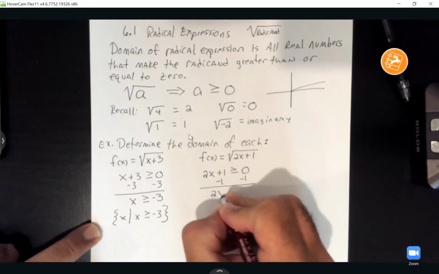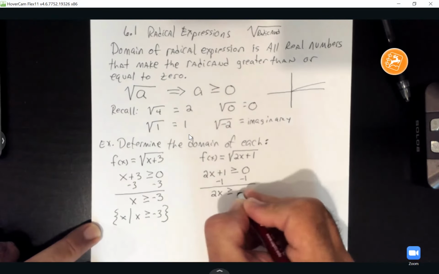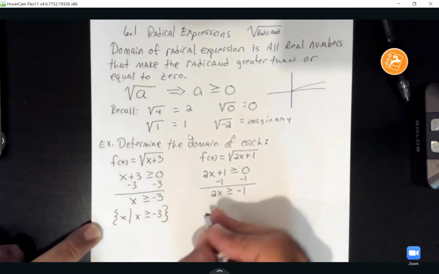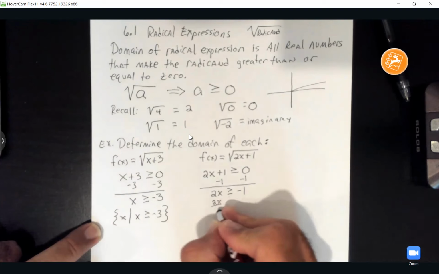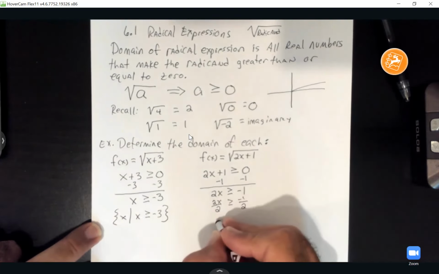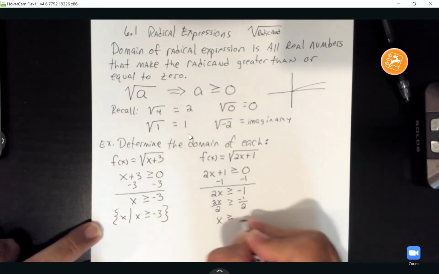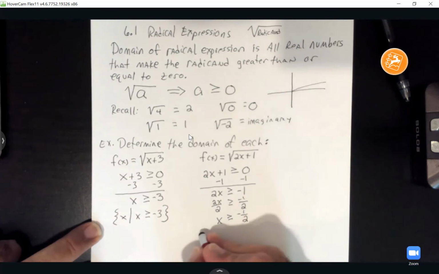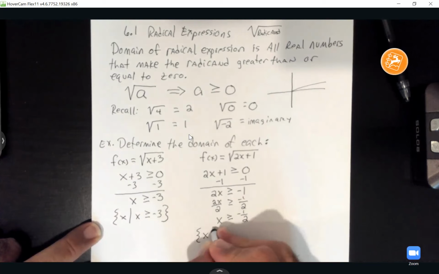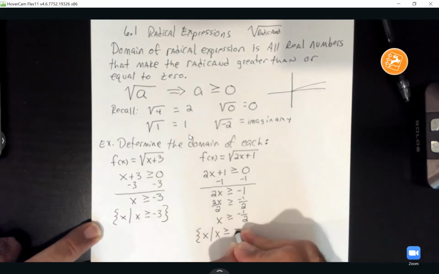So I get 2x is greater than or equal to -1. Then I'm going to come in, divide both sides by 2. So that I now get an x greater than or equal to a -1/2. And basically, whatever answer you get here is what's going in your fancy parentheses. So x greater than or equal to a -1/2.